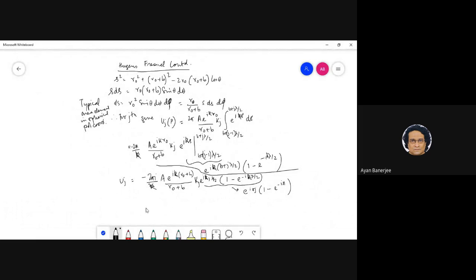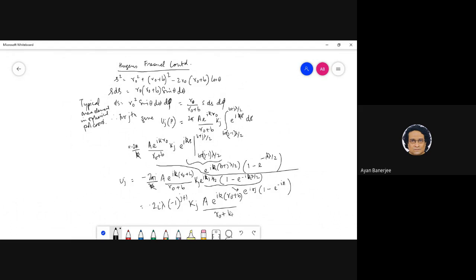So at the end we can write down this as minus... a minute, yeah. So minus 2 pi i, no, let me write the final expression. So this is 2i lambda, minus 1 to the power kj, e to the i k r0 plus b.